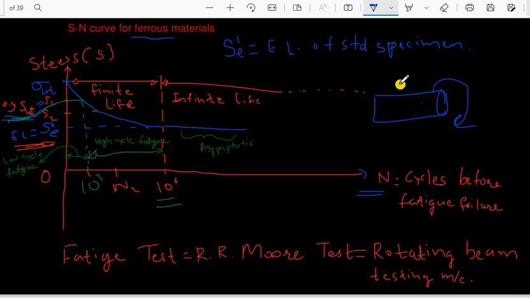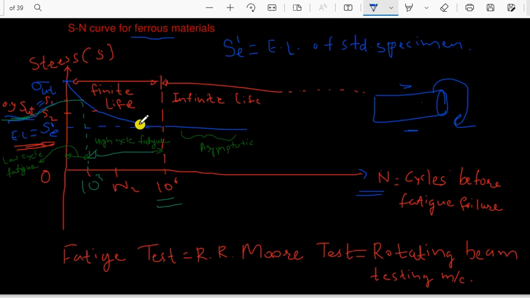Let us say, you know that here there will be compression and here there will be tension. So this compression-tension in one revolution will generate one cycle. So how many cycles a component can perform with different loading conditions, or different stress values generated due to different loading conditions. So you can see this graph will be like this.